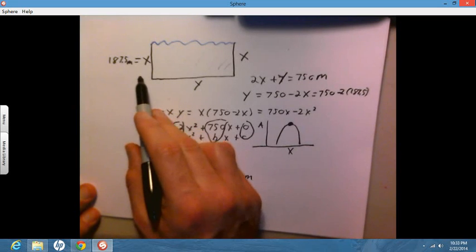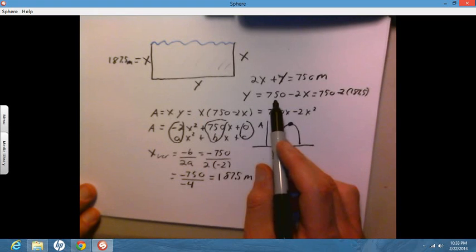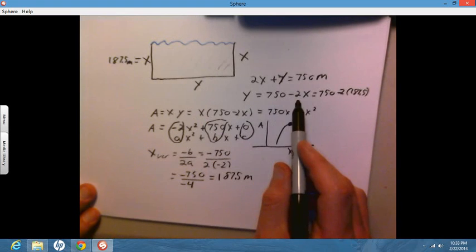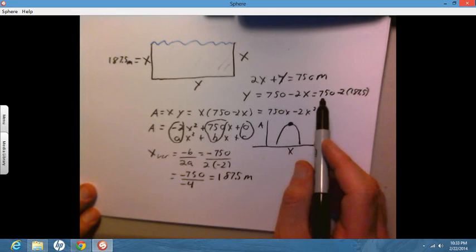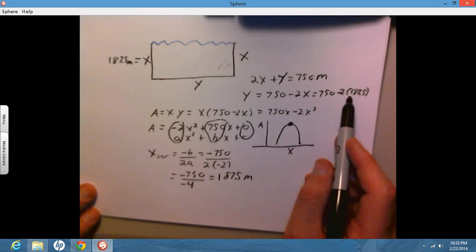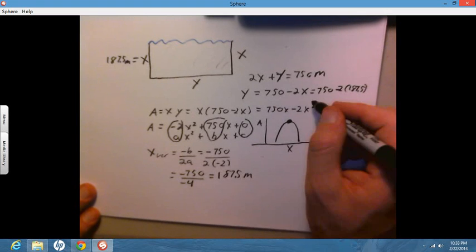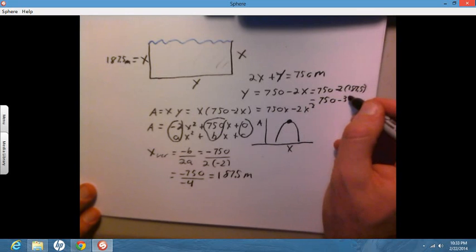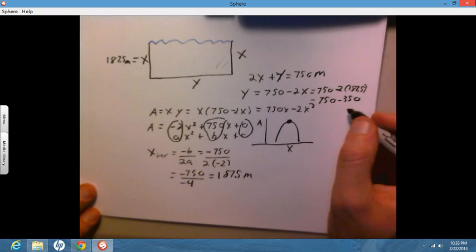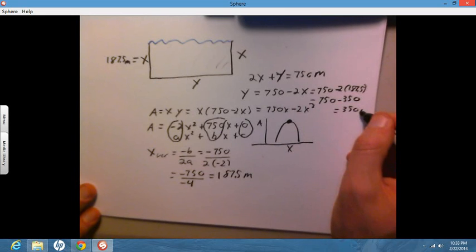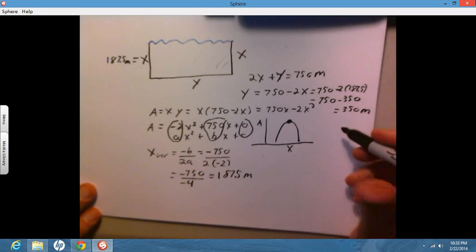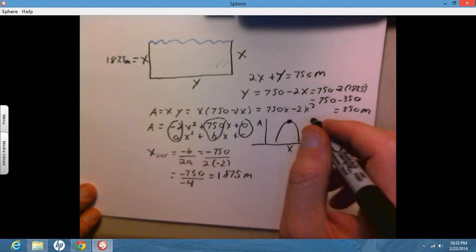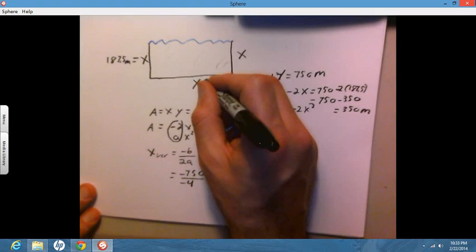So y is equal to 750 minus 2 times x, which comes out to be 750 minus 375, which is equal to 375, and if you like, put meters over here. So we know that y is going to be equal to 375 meters.